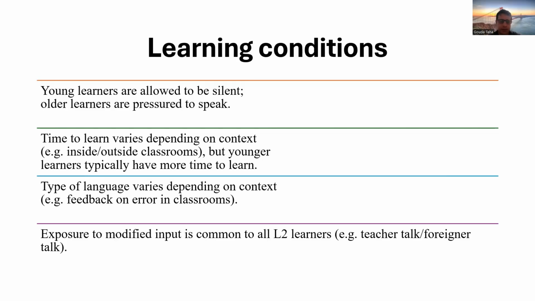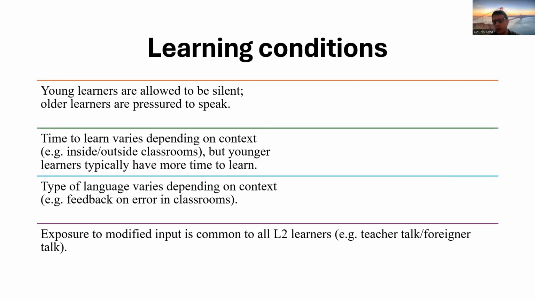A fourth thing is the idea of exposure to a modified input. As we mentioned in the first part of the course, children are exposed to child-directed speech. It's a simpler version of speech. It's very concise, and it's more concrete than abstract.